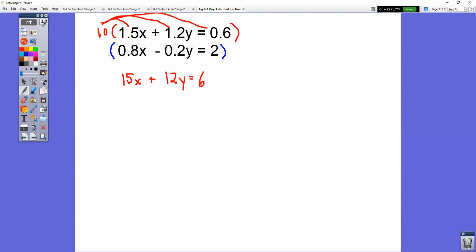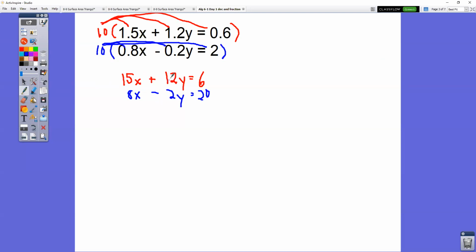And my bottom equation, I have one decimal place and no decimal places, so I'm going to multiply this bottom equation by 10 as well. Distribute, distribute, distribute. So I have 8x minus 2y equals 20. Now it looks like a question that you had on your quiz.